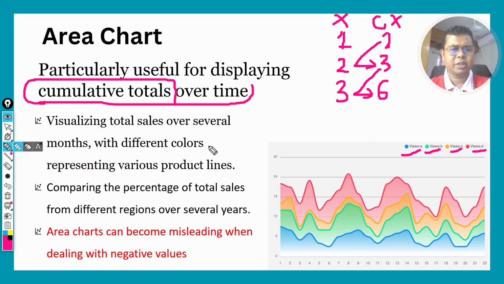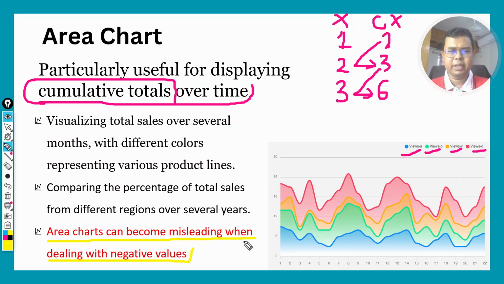To be honest, please see here, an area chart can become misleading when dealing with negative values. In many cases, for example, win or loss, or profit or loss, the loss value might be a negative value.